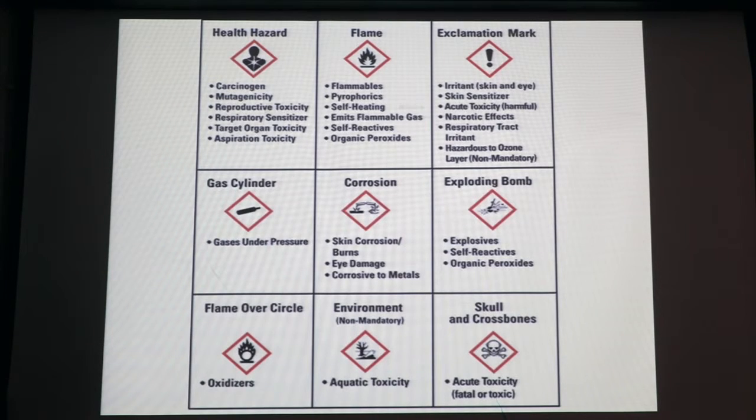Gas cylinder is gas under pressure. Corrosion, corrosion of the skin or metals. Exploding bomb for explosives. Flame over a circle is an oxidizer. Environment is aquatic toxicity. And skull and crossbones is acutely toxic, fatal or toxic.